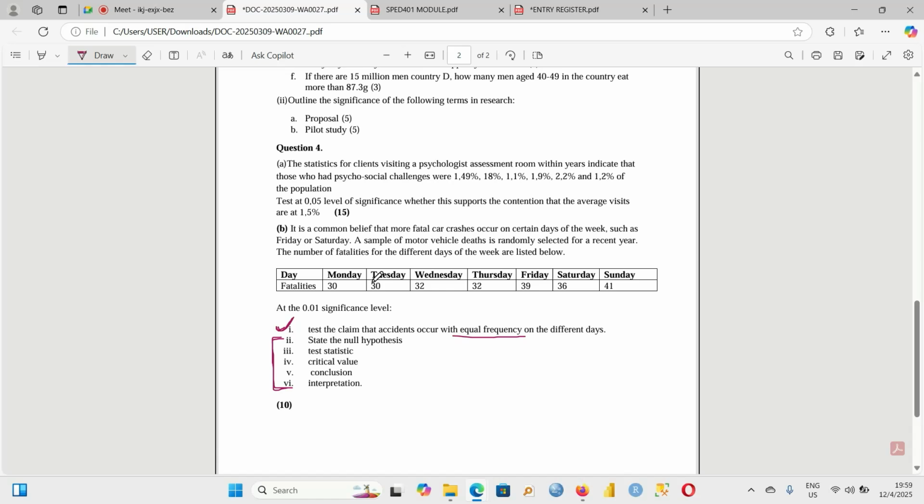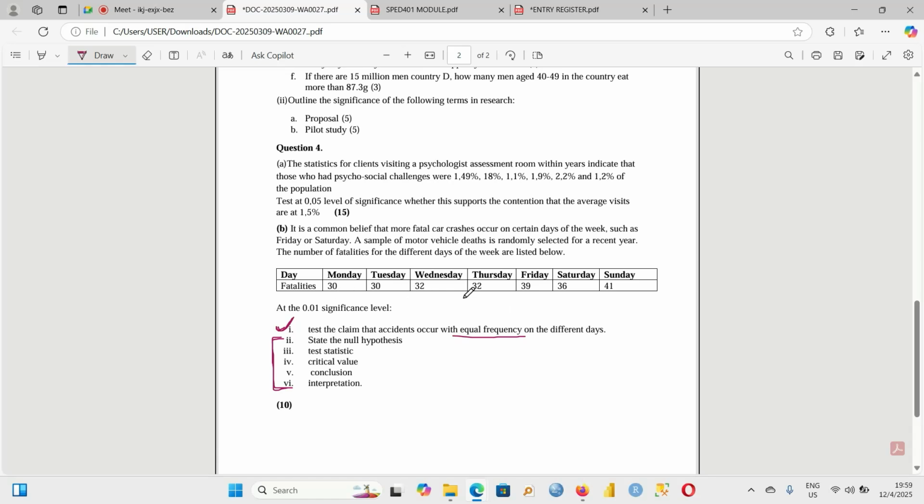As you can see, from Monday to Sunday, we have these fatalities. As the table shows, they are different. They are only equal on Monday and Tuesday, and Wednesday and Thursday are also equal. But Friday up to Sunday, they are not equal. So we want to test a claim that these frequencies are equal.